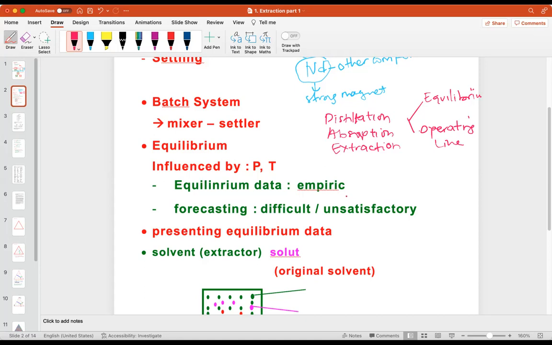So in a typical application for extraction, the plant's R&D usually makes the equilibrium data first to get good empirical data, and after that they calculate the operating line and then find the stages.